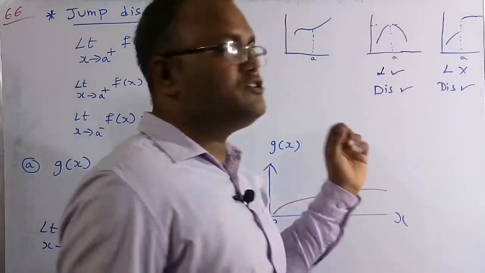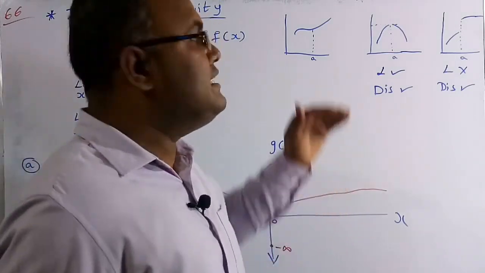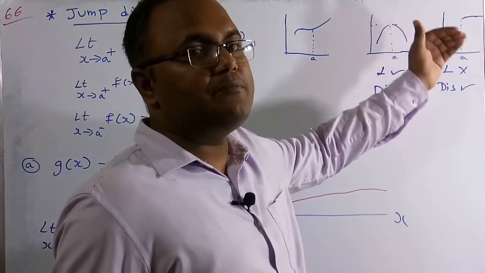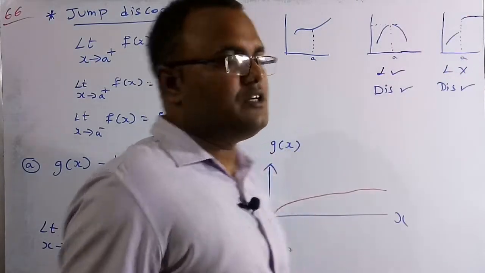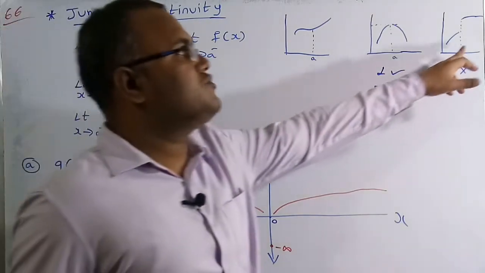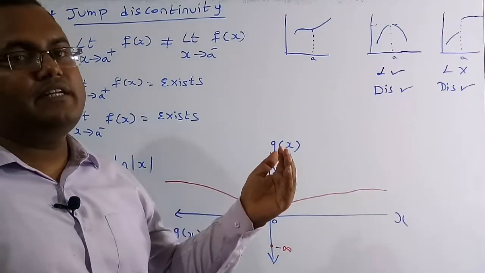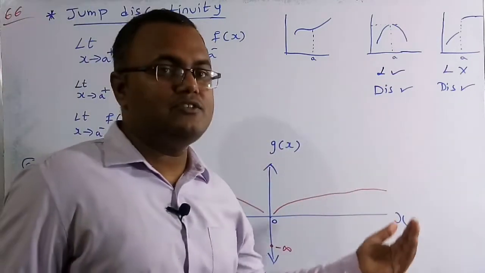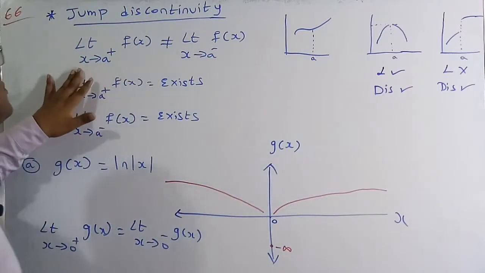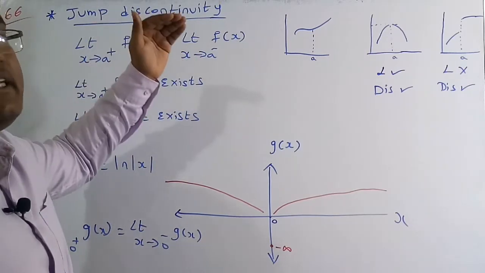Whenever the limit does not exist at a point, we say there is a jump, or discontinuity, or jump discontinuity at that point A. So if the right hand limit is not equal to the left hand limit, then only can we say there is a jump discontinuity, and the limit does not exist at that point. Whenever the right hand limit is not equal to the left hand limit, there is a jump in the graph at that point.